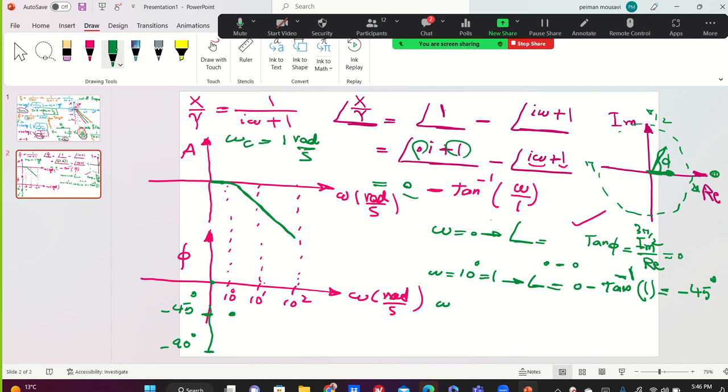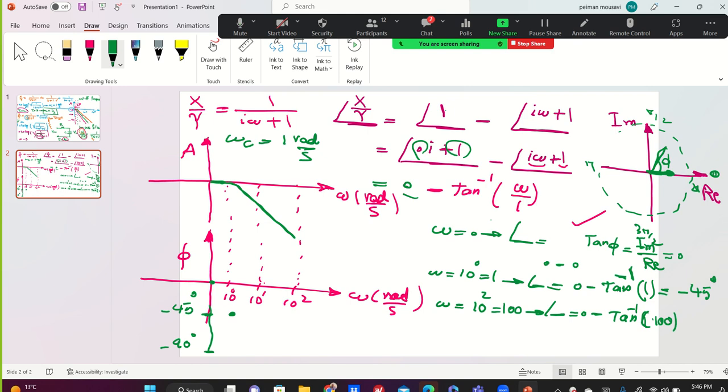If I say omega is, I don't know, 10 to the power of 2 or 100, the phase angle is going to be 0 minus tangent inverse of 100. Can you calculate for me? Which angle gives you 100?